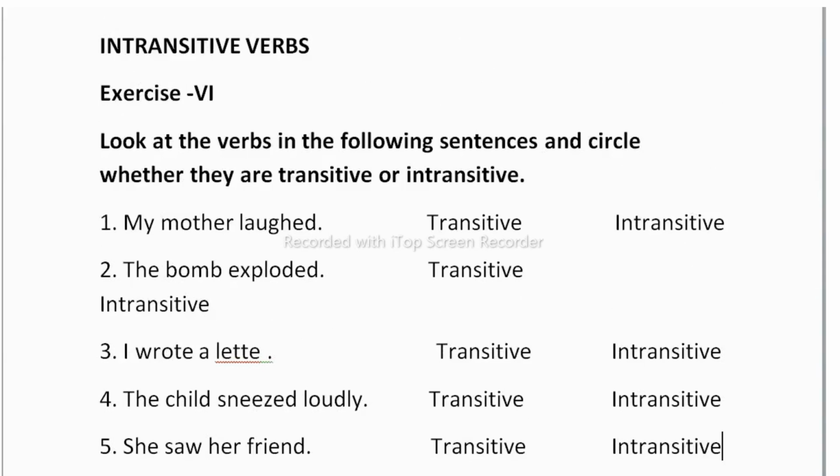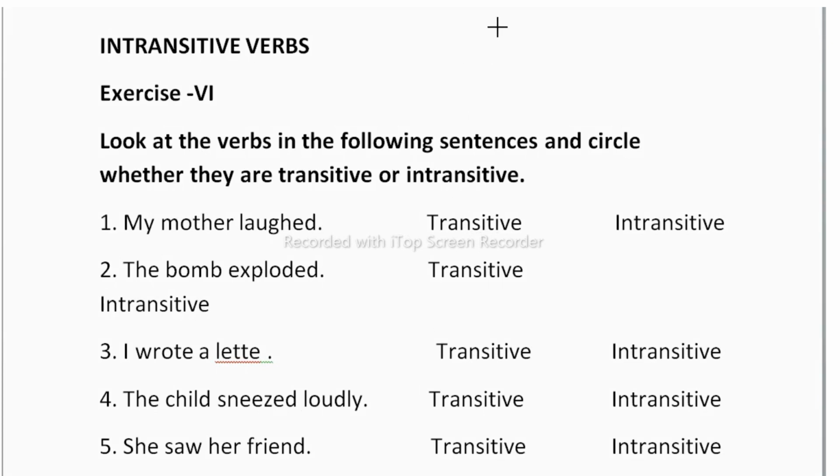So let's start the first one. The first one is "my mother laughed". Which one is it, transitive or intransitive? Just now I told you, if you want to see whether the sentence is transitive or intransitive, you have to change it from active to passive voice.